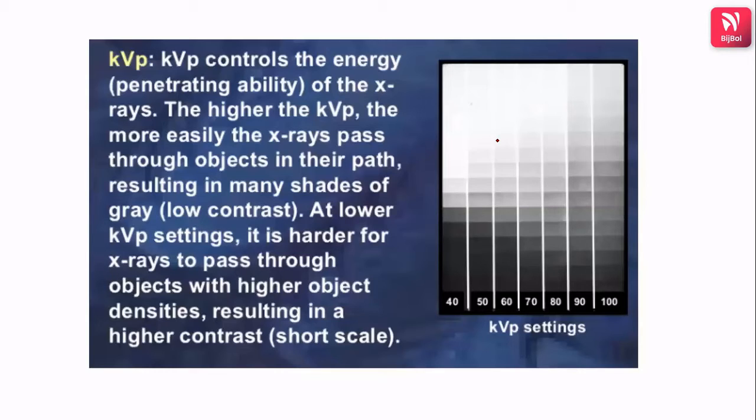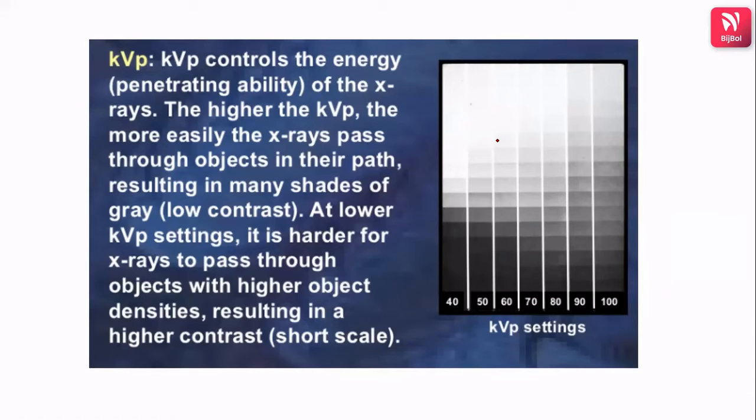Whenever you have a higher kVp setting, the X-rays can easily pass through the objects in their path, so the shades that you see are of low contrast. That is, with a higher kVp you have a lower contrast. At a lower kVp setting, it is harder for the X-rays to pass through the objects, so that causes a high contrast.